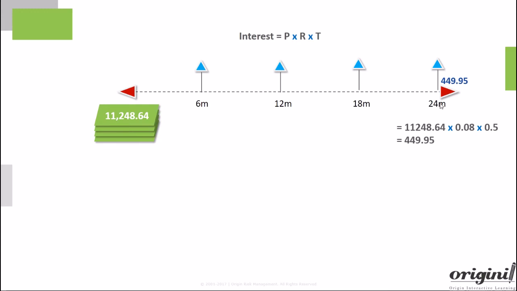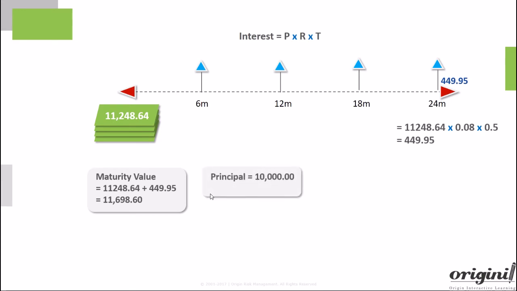At maturity, we must get back the principal, which has increased to 11,248.64 plus the last interest payment of 449.95. The total is 11,698.59.